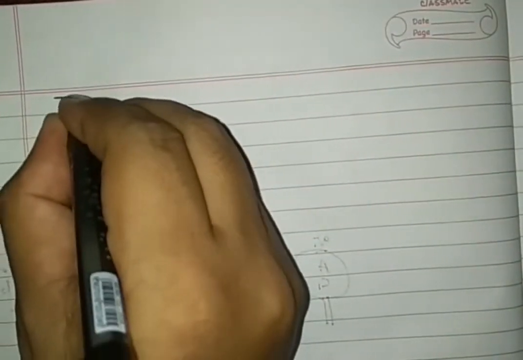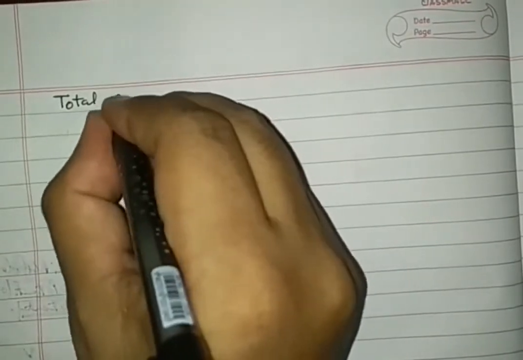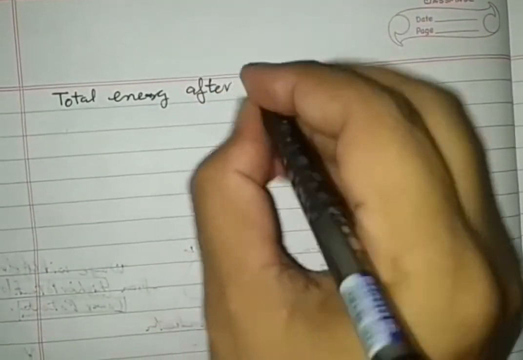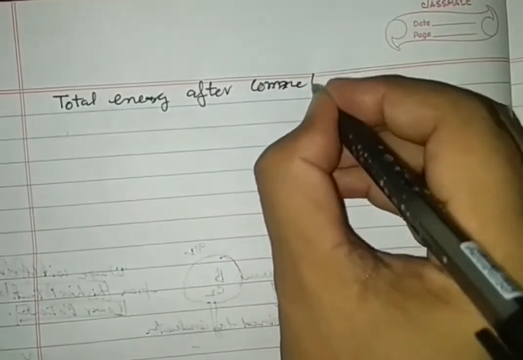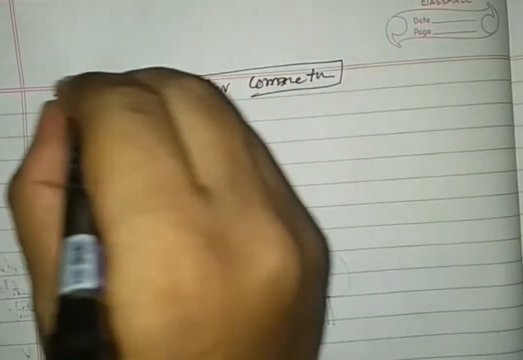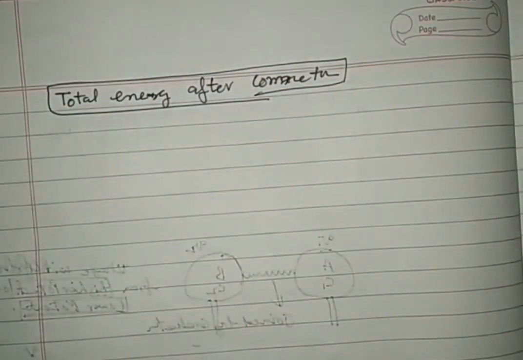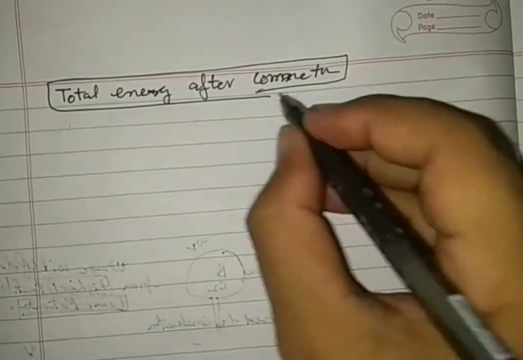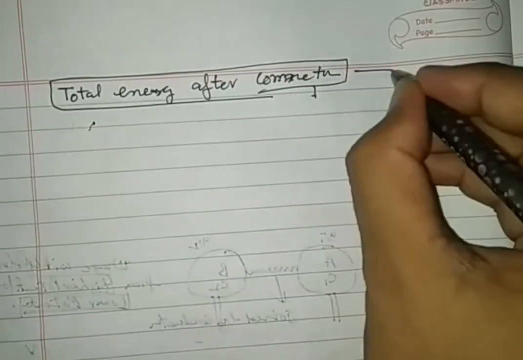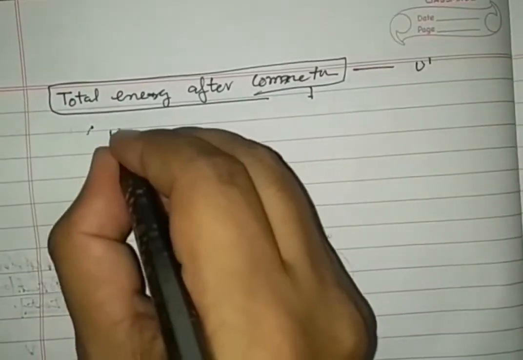In the next page, total energy after connection. When we connect, this becomes a common system in which let this energy be U dash.